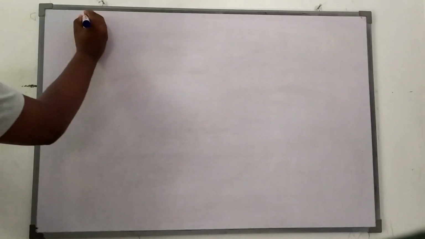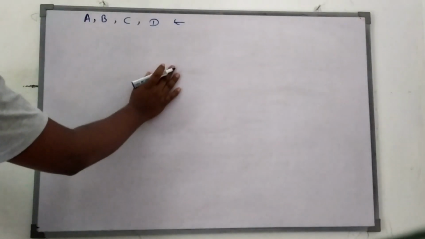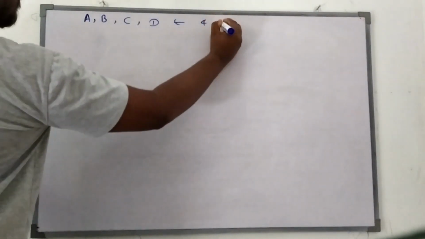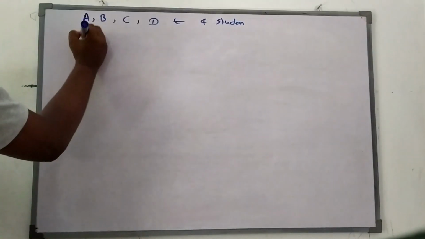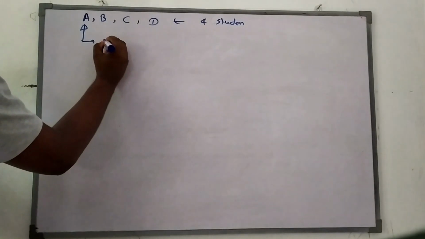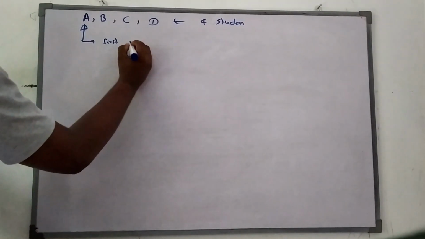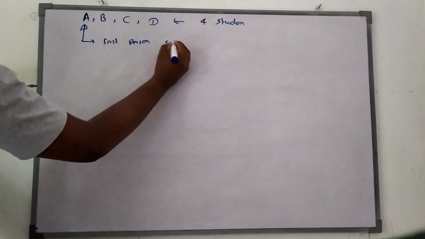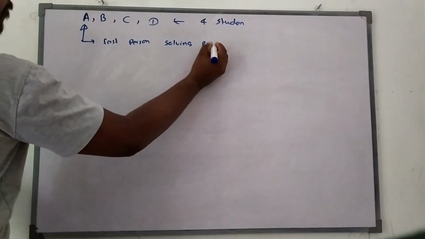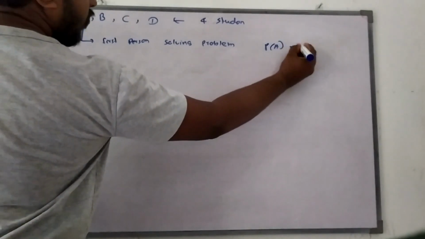First of all, I'm going to gather the data. We have A, B, C, D, 4 students. The first person solving the problem, P(A), is 1 over 4.